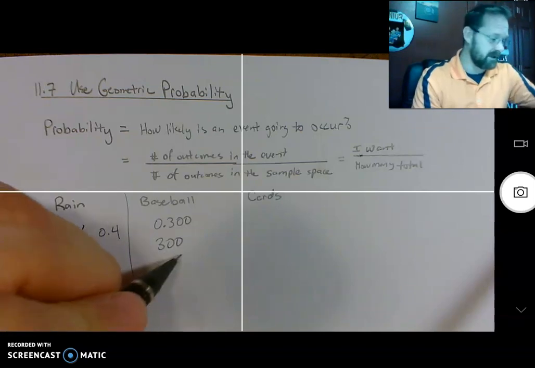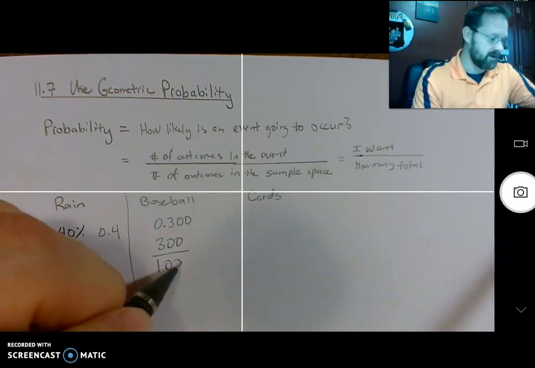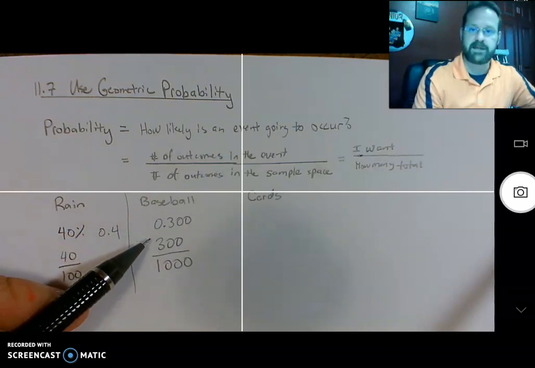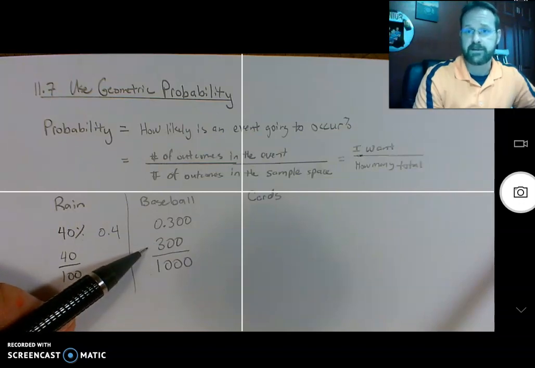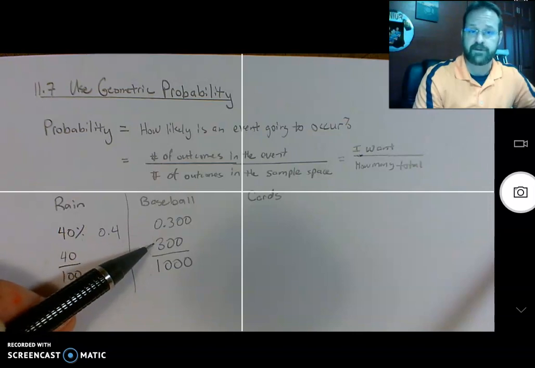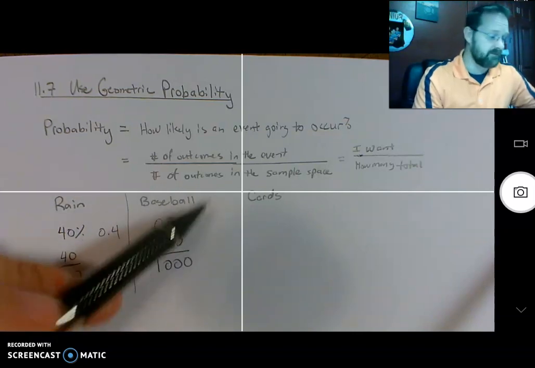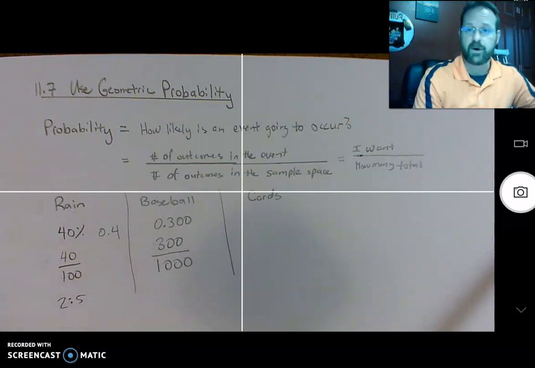This would be 300 out of 1,000. So that means this person is going to hit the ball 300 times out of 1,000 at-bats. Now, that sounds pretty terrible to you and me, but if you're a professional, having a batting average of 300 is pretty good.